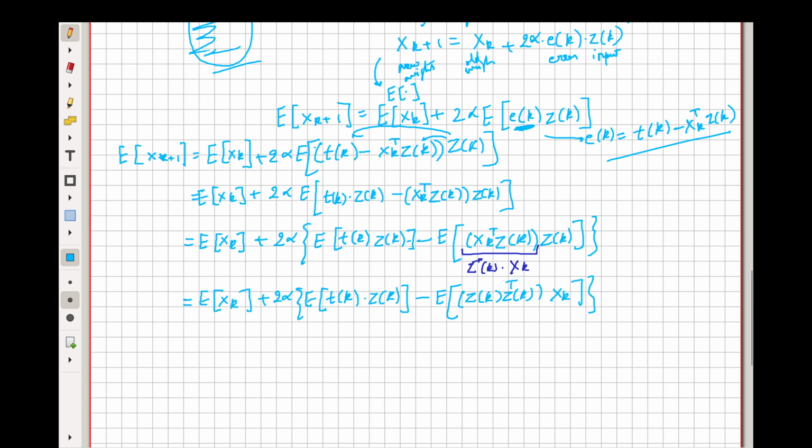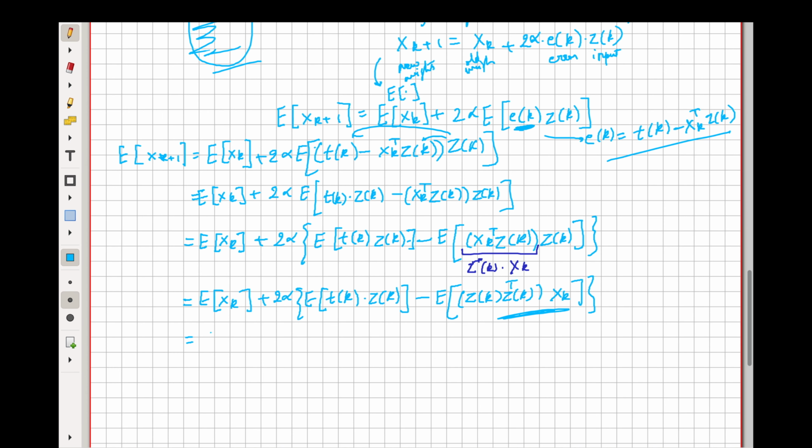This is where our independence assumption pays off, because x_k and z_k are independent, we can split the expectation of the product into the product of their individual expectations. You'll see what I mean.